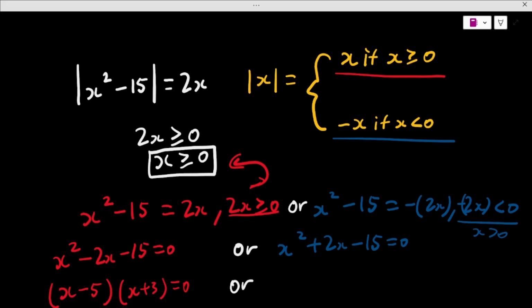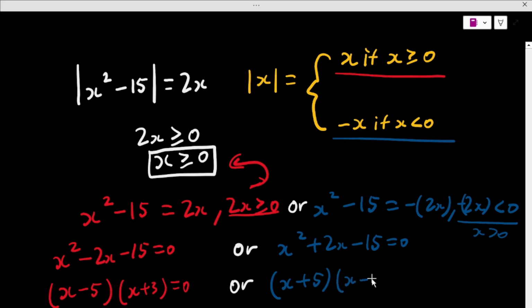Now, for the blue equation, what factors of negative 15 give us positive 2? Well, that's going to be 5 plus negative 3. So, x plus 5, x minus 3 is equal to 0.